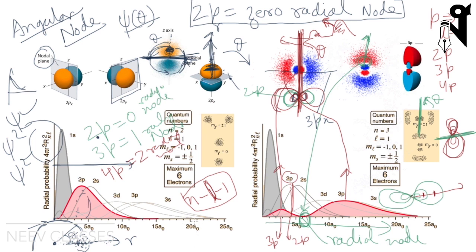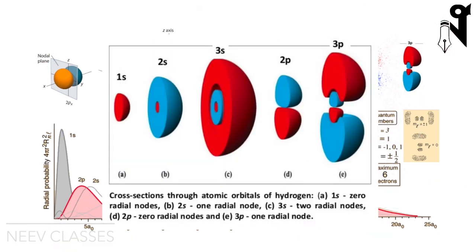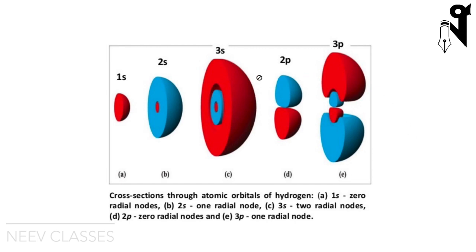So if I come back to this, in fact let me go forward and show you this one. I've drawn 3s as well as 3p over here. So when you are going along the radius, how many times are you encountering a radial node?